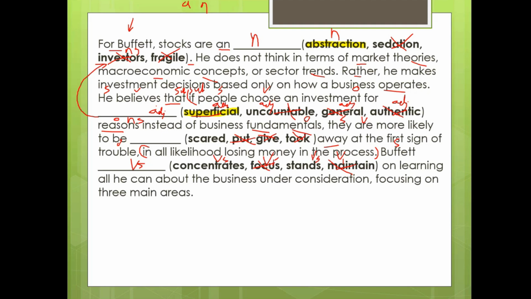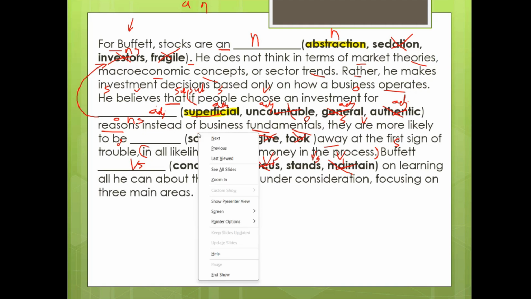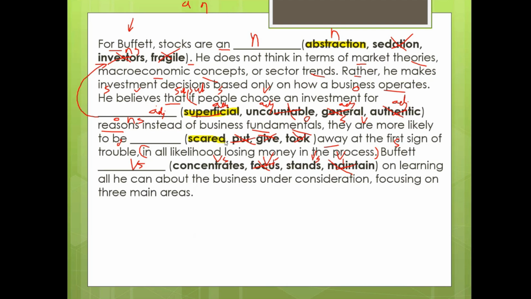You can scare away. If there is trouble, people will get scared. It makes sense. So if they are looking for superficial reasons, they are most likely to be scared away at the first sign of trouble, in all likelihood losing money in the process, and they will end up losing money. Buffett dash on learning.